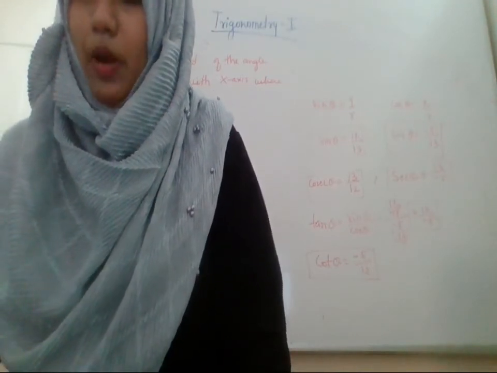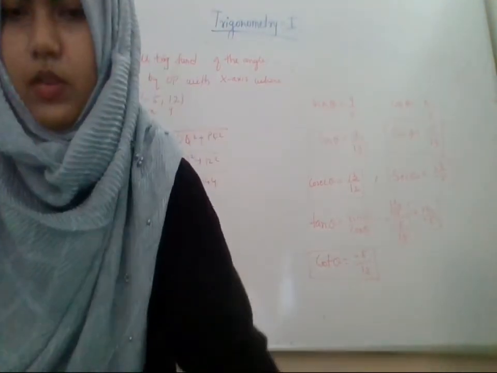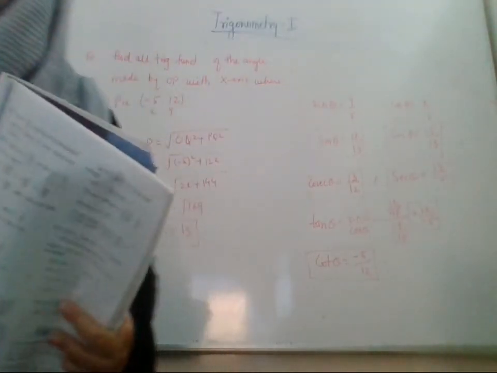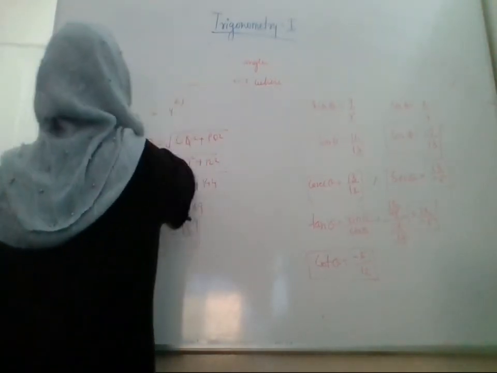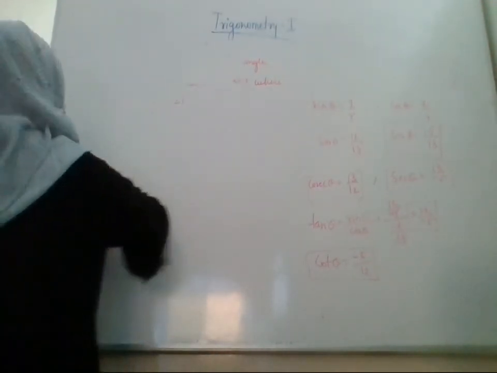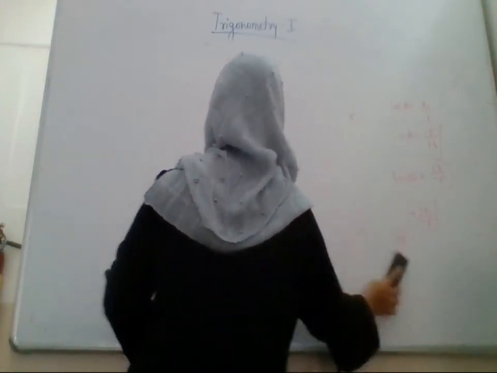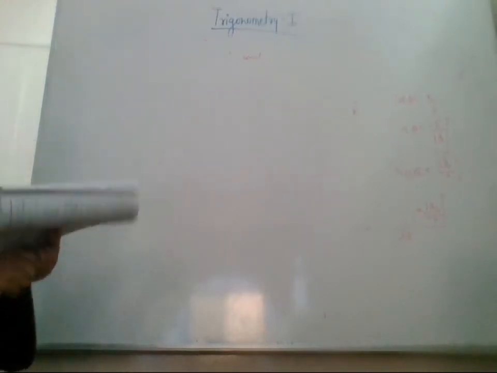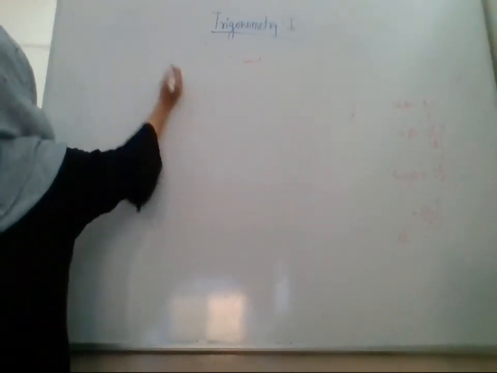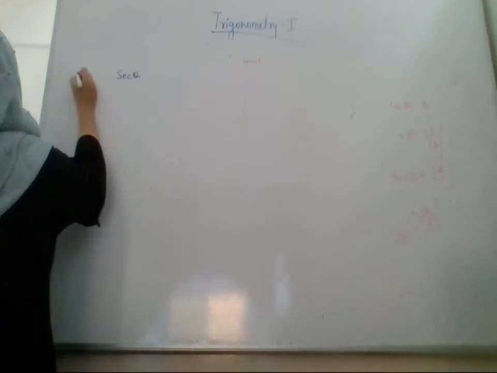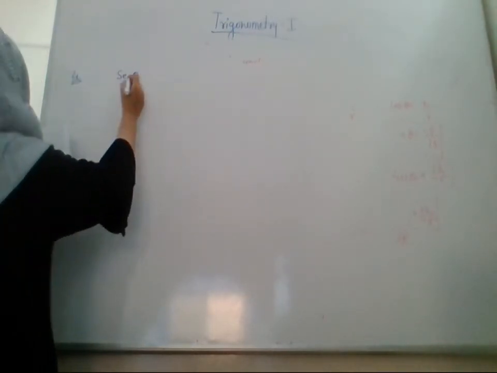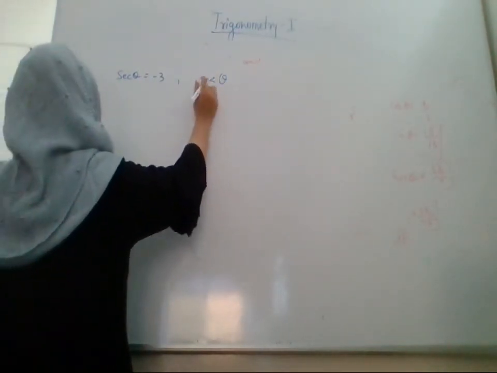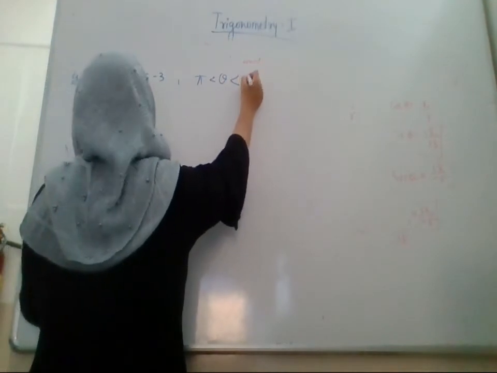Page number 20, problem number 4. The question is: sec theta is equal to minus 3, and your theta lies between pi and 3 pi by 2.